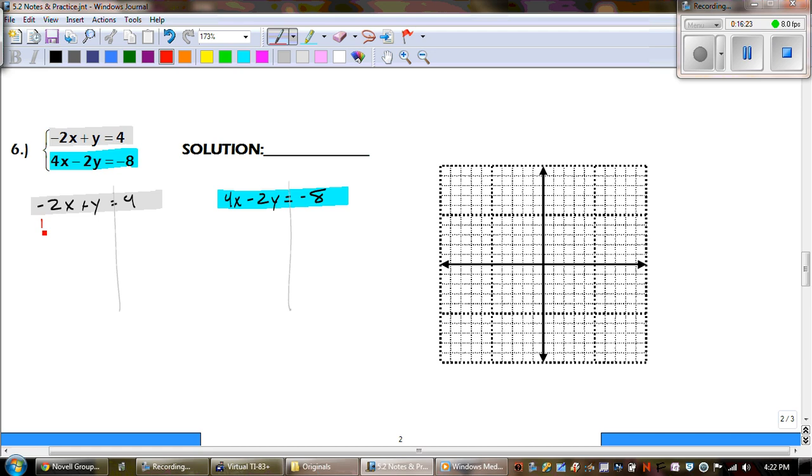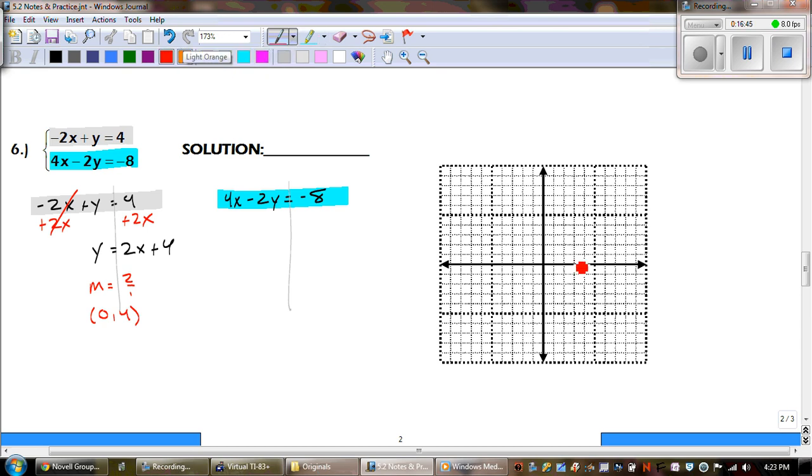Of course we're doing the first one together because it's the easy one. Okay, we have to add 2x to both sides, and I get that y = 2x + 4. That means my slope is 2/1, and my y-intercept is 0, 4.